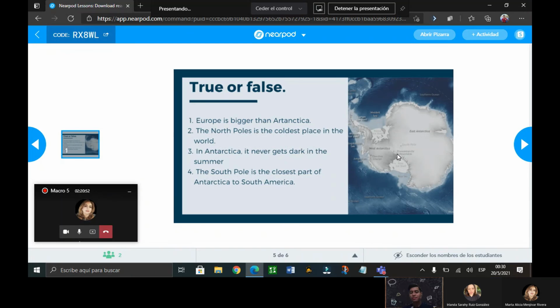What do you think? Is it true or false? It says that in Antarctica it never gets dark in the summer.